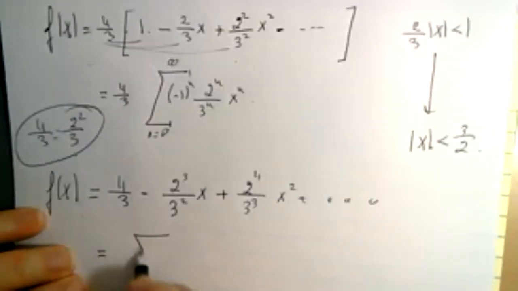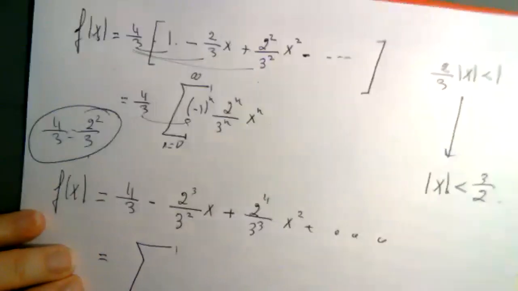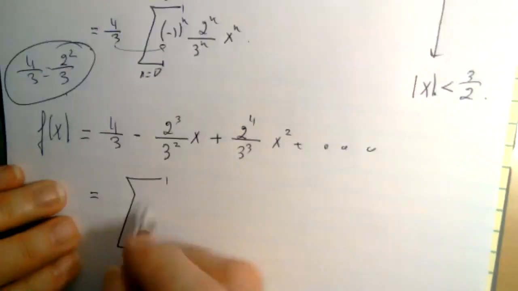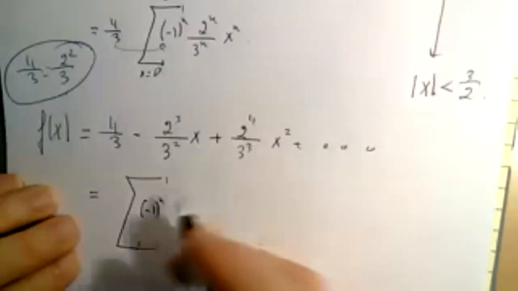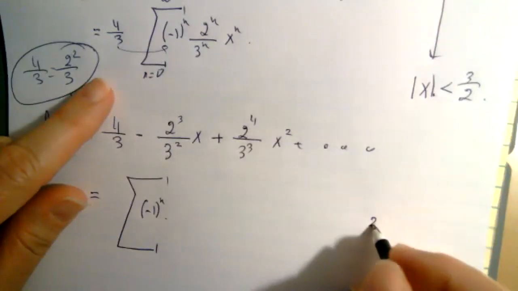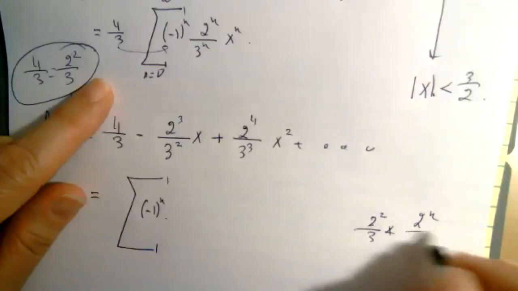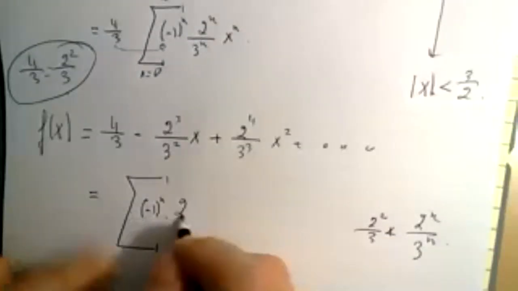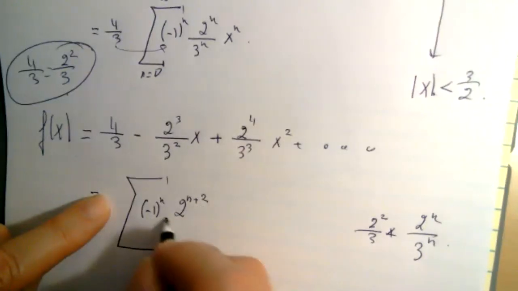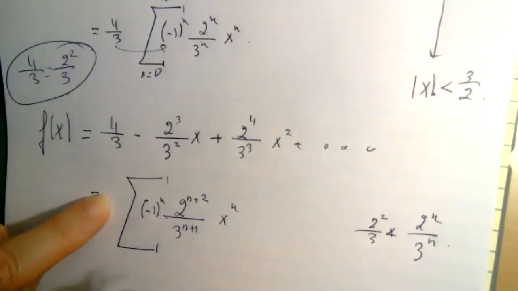Now, if I distribute within the sum, basically I'm multiplying term by term. So that's minus 1 to the n, and then if I take 2 squared over 3 and multiply it by 2 to the n over 3 to the n, I should have 2 to the power n plus 2 over 3 to the n plus 1, x to the n.